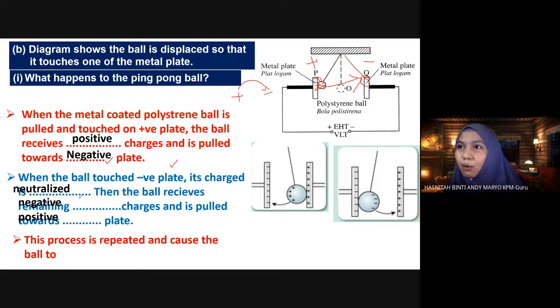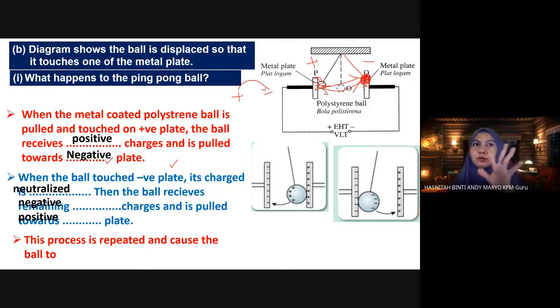Then the ball will receive negative charges and will be pulled towards the positive plate. The same thing happens: the positive and negative charges meet, so the ball is neutralized, then all the positive charges are eliminated and only negative charges remain on the ball. After a while, the ball becomes 100% negatively charged. The same thing happens, repulsive force occurs, so it is pushed back to metal plate Q.